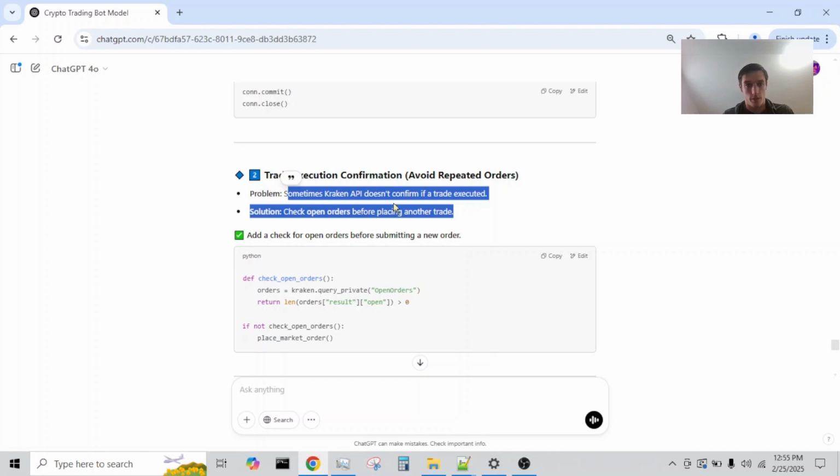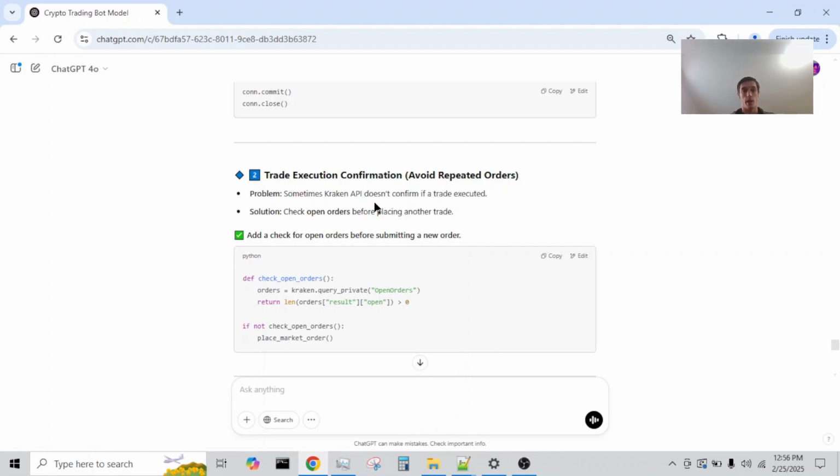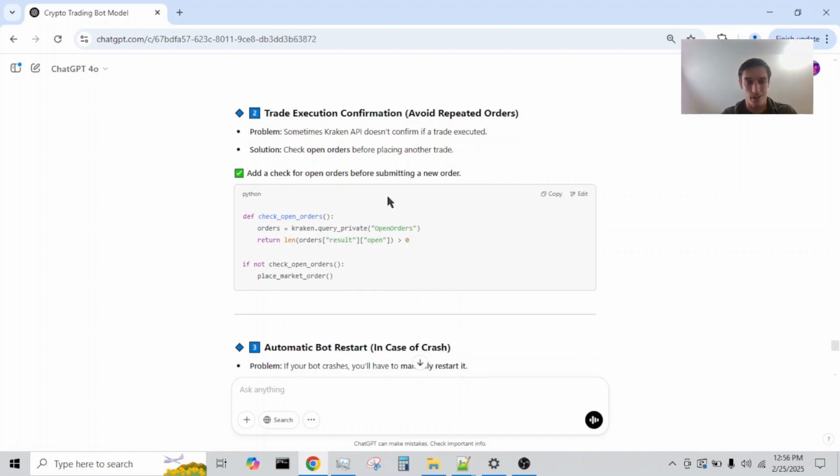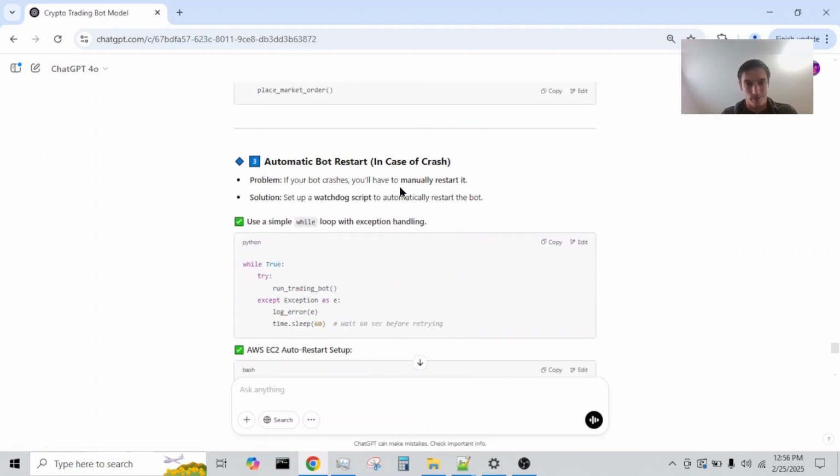Okay, that's interesting. Sometimes Kraken doesn't confirm if a trade executed, so we might have an open trade and try to place another one. Let's not do that. Automatic bot restart in case of crash. That is a great idea. I don't want to manually restart it every time it crashes, so let's definitely have something that restarts it for us.